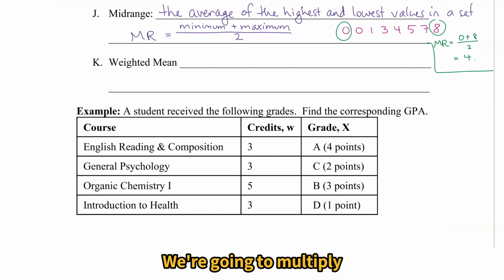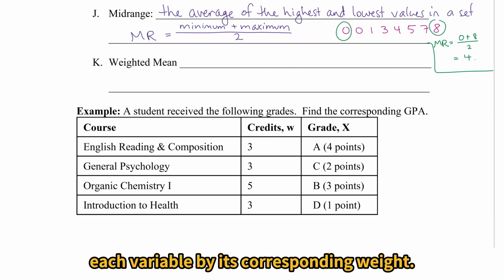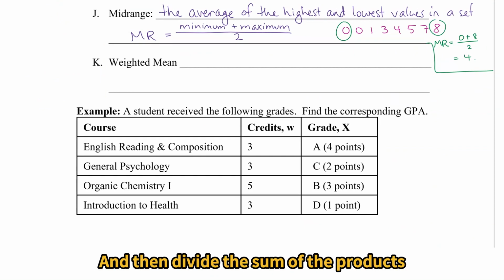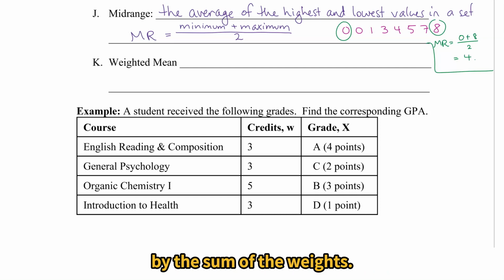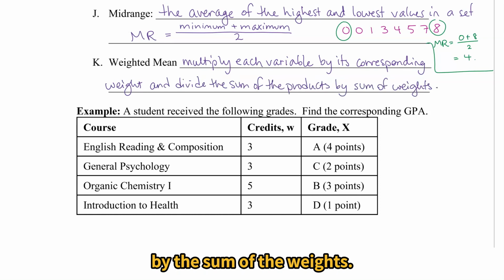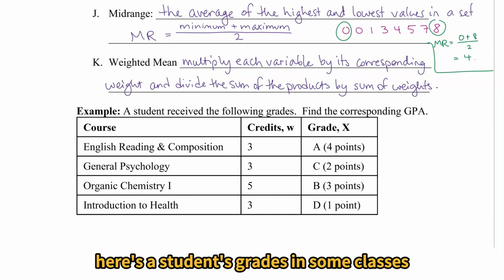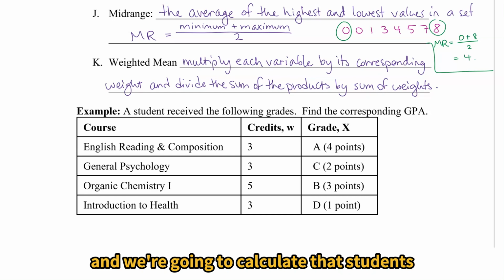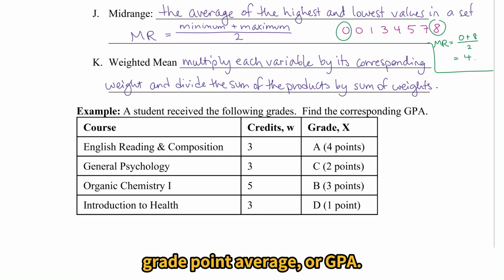That's really the idea behind a weighted mean. We're going to multiply each variable by its corresponding weight and then divide the sum of the products by the sum of the weights. As an example, here's a student's grades in some classes, and we're going to calculate that student's grade point average, or GPA.